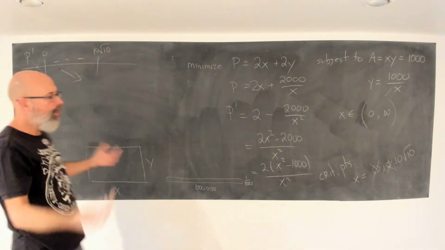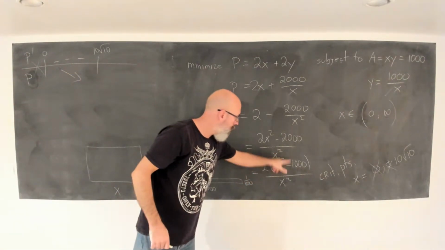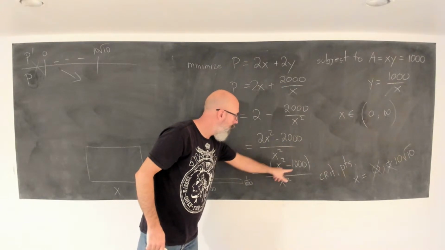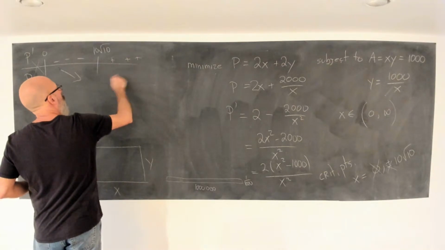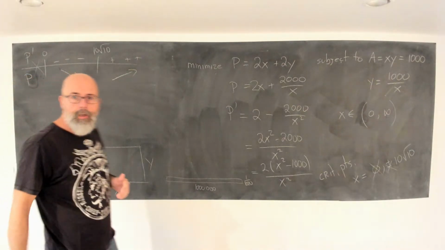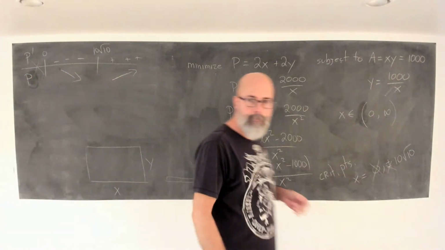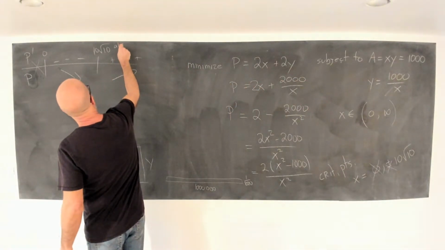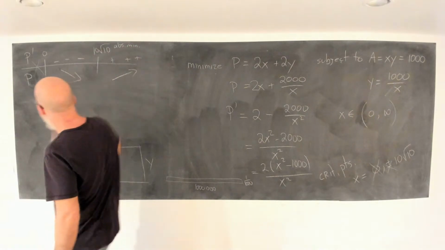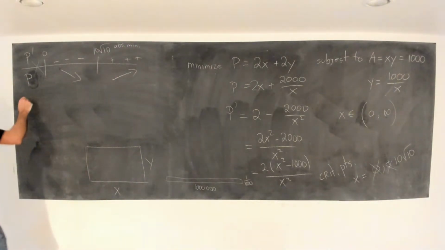And if you take a large positive number, X squared is as large as you want it, minus 1,000 is still going to be a very large number. So you see what's happening. We have an absolute minimum occurring at 10 root 10.